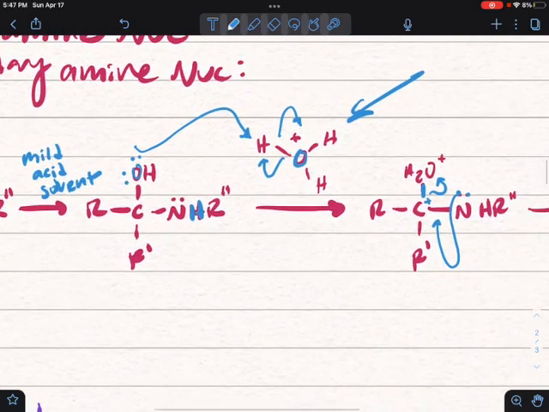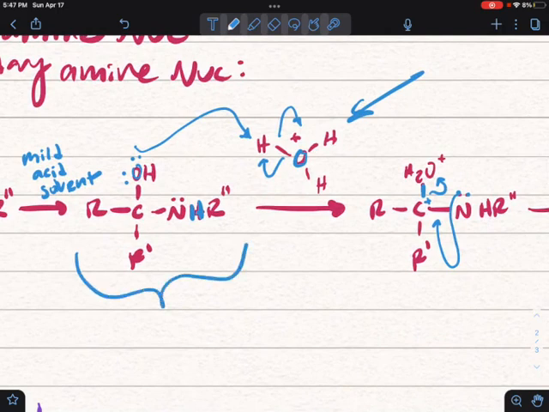Okay, so we have this now. And then we discussed this previously, but the OH group on the carbon is not a good leaving group. We need to turn that into a water group. So we'll use a hydronium ion, and this is okay because nitrogen nucleophiles work best in acidic mediums.